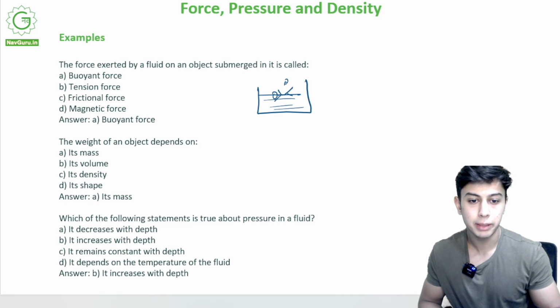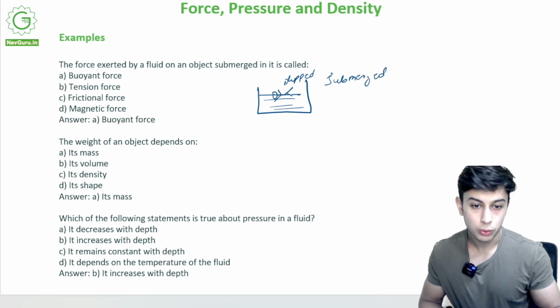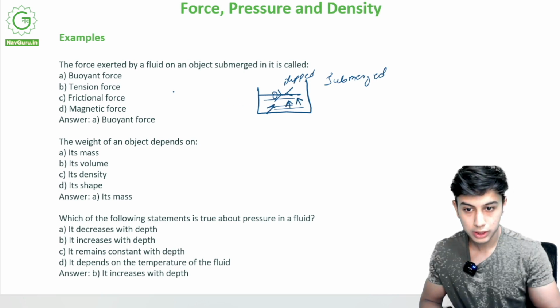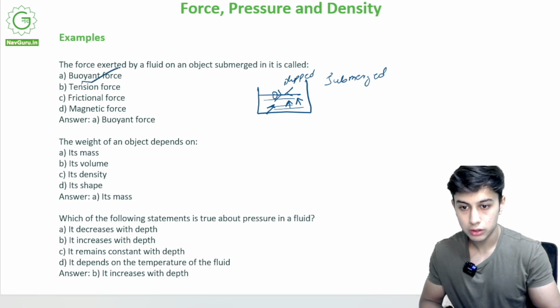Immersed means dipped or floating or submerged into the water. There is some level of displacement of water, there is an upward thrust to it. What was it? Buoyant force.